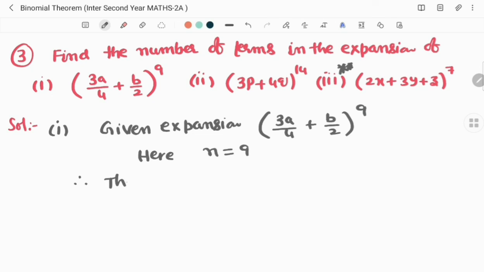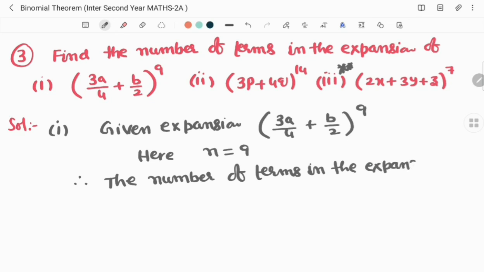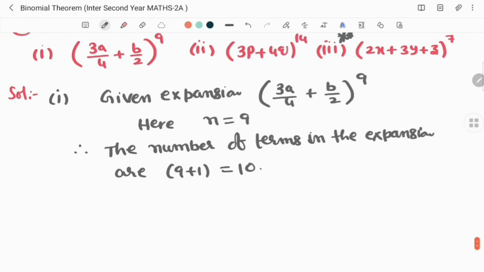Therefore, the number of terms in the expansion are 9 plus 1, that is equal to 10. Similarly, question number 2.